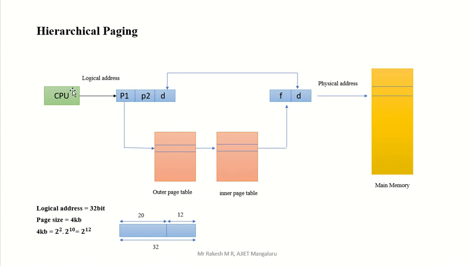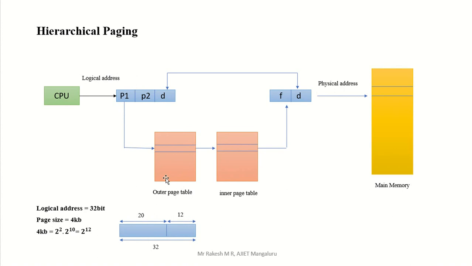So here the CPU will send a logical address, which contains the required page number and the page size, and that is sent to one of the blocks. Here we have a page table. In the previous concept, the page number in the logical address was searched in the page table.